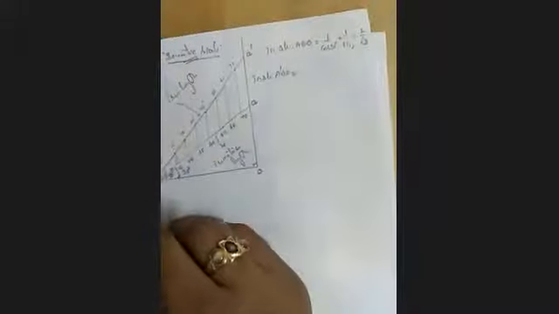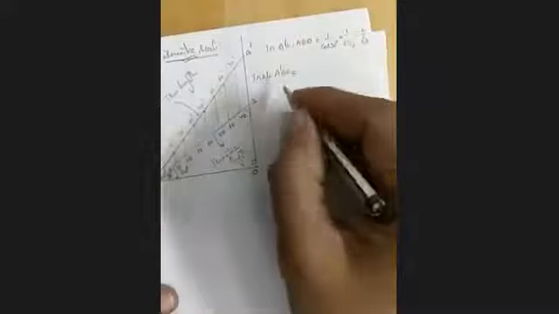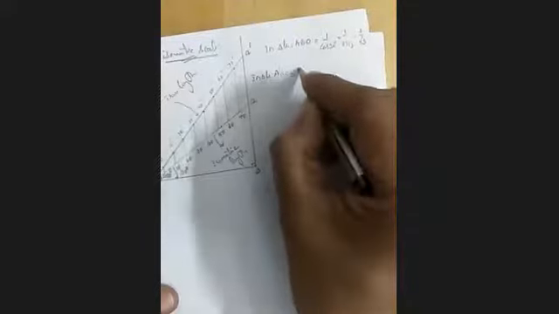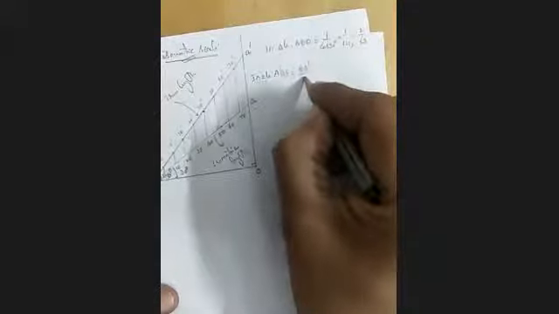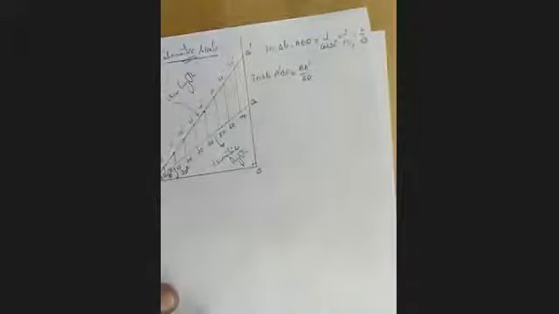Can I take one more triangle? In triangle A dash B O, what is the value of BA dash by BO? Here also you can write BA by BO, is equal to BA dash by BO.